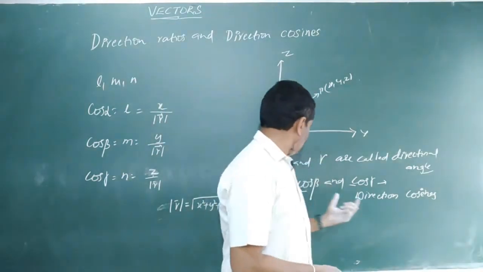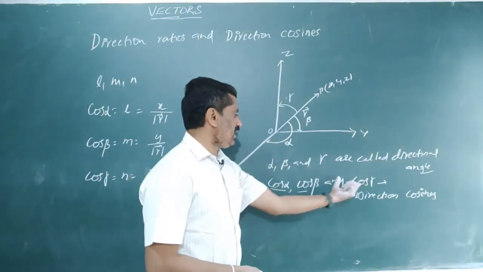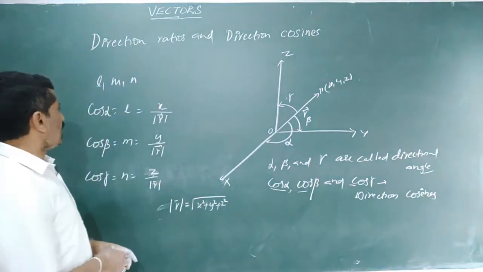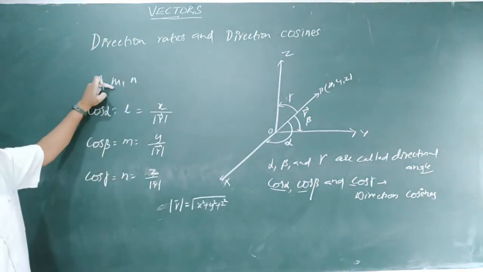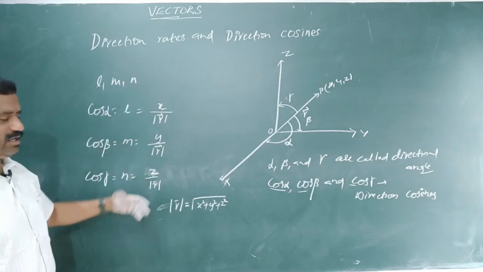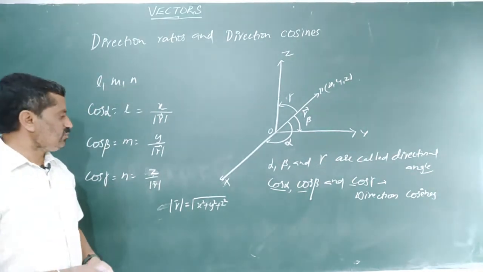So generally these numbers cos alpha, cos beta and cos gamma are denoted by L, M, N, which are given like this.